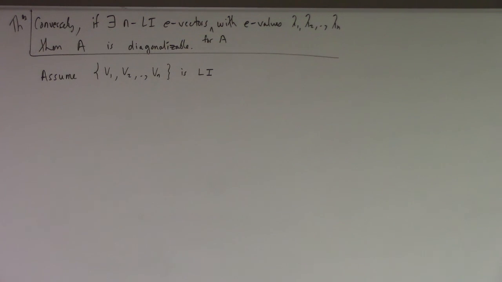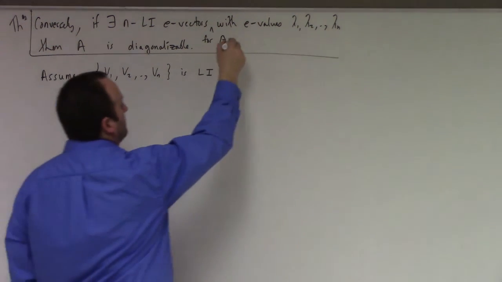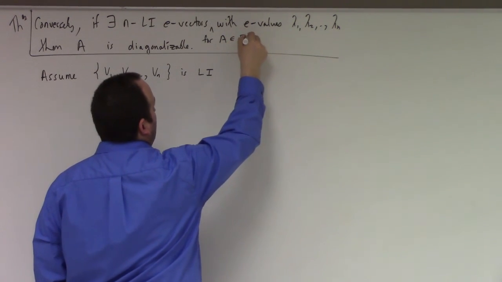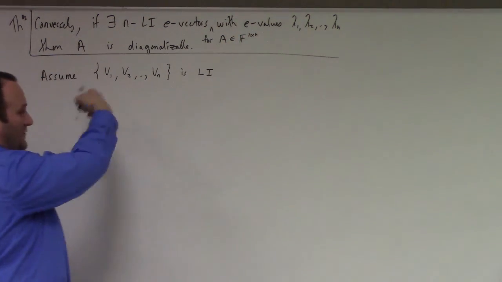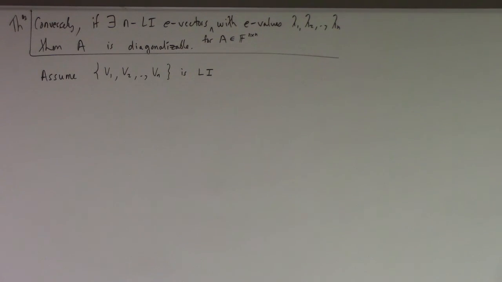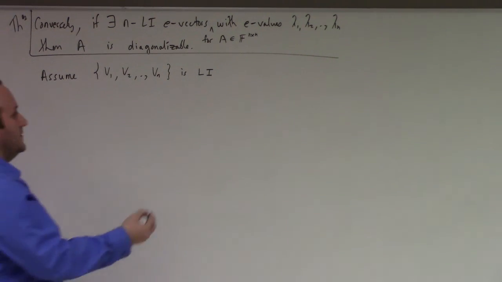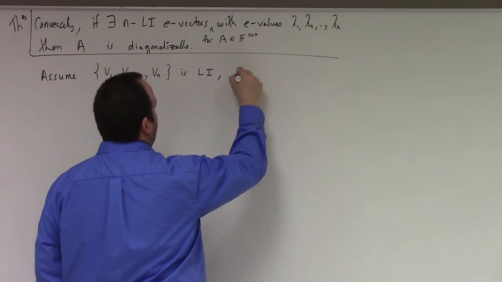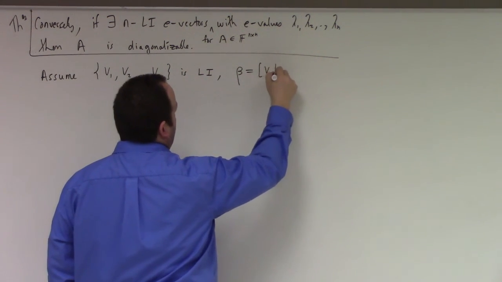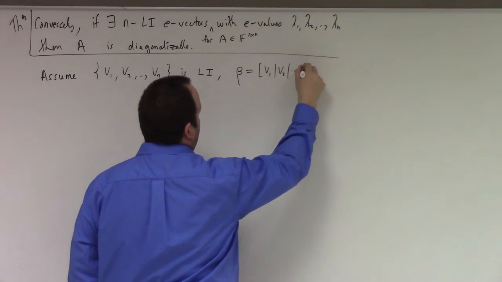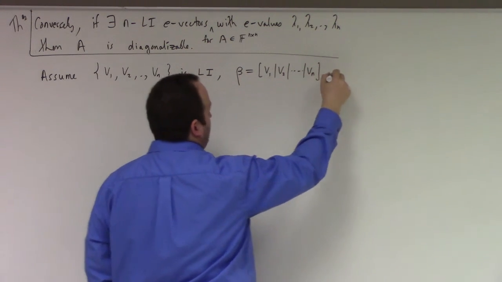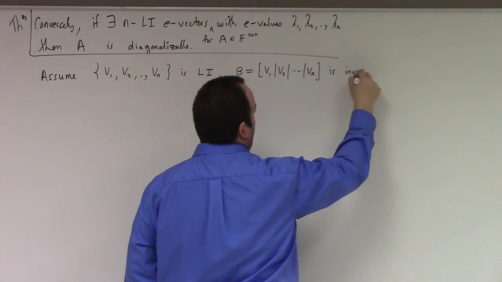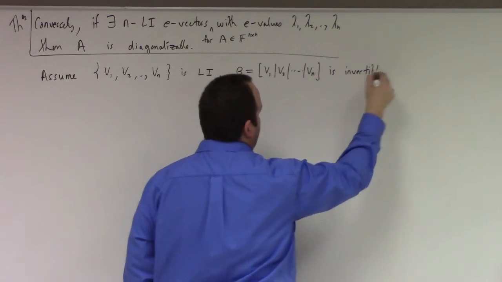That's actually a basis for F^n, if A is an n by n matrix, an element of F^(n by n). If this is a linearly independent set of n vectors, it's a basis. So in particular, the basis matrix beta, v1 concatenated to v2 all the way to vn, is invertible. So that's what linear independence gets us.